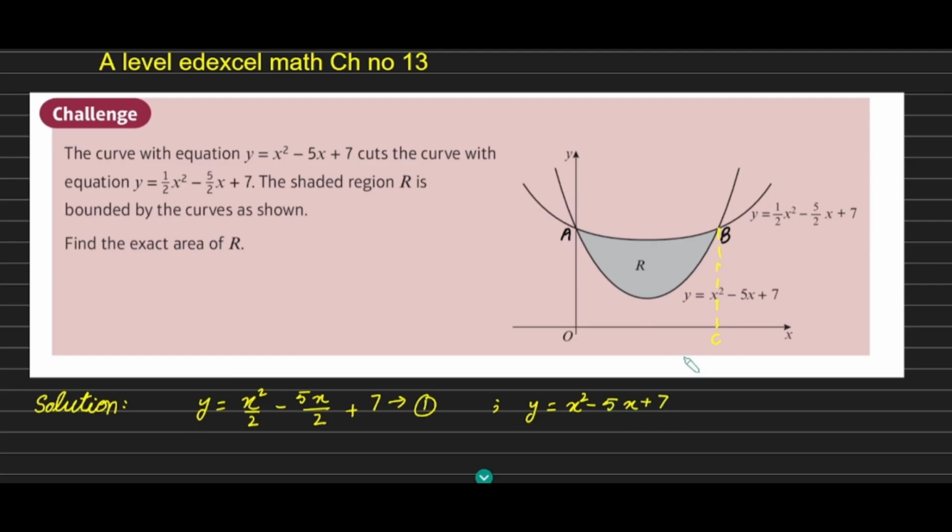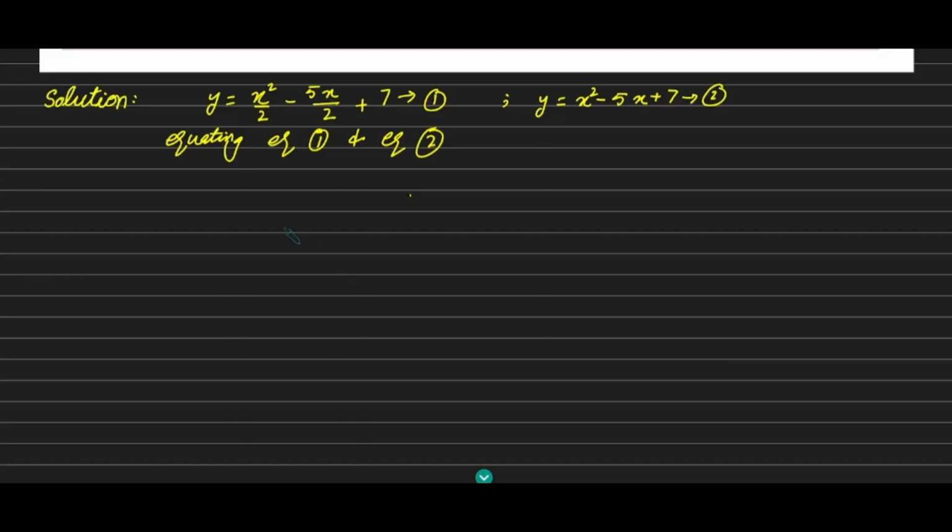Now to find the point of intersection, we will equate both equations 1 and 2. That is, the first one, x squared by 2 minus 5x by 2 plus 7, equals x squared minus 5x plus 7.